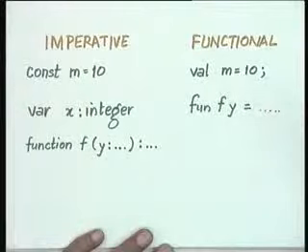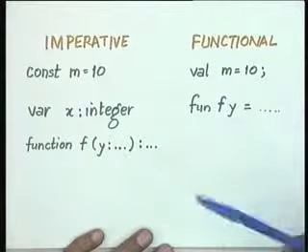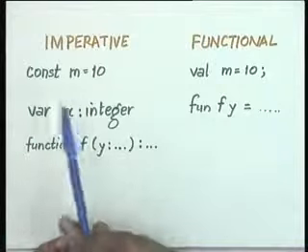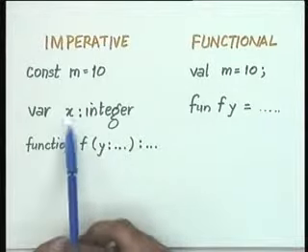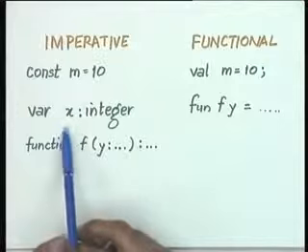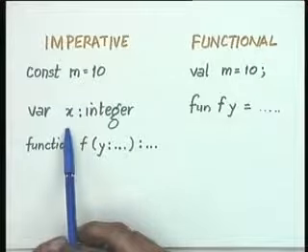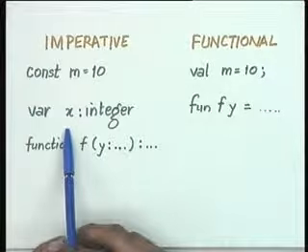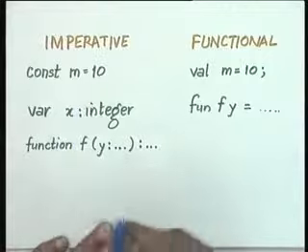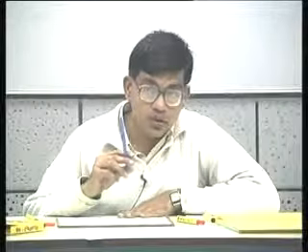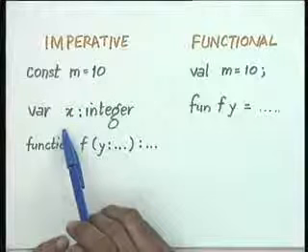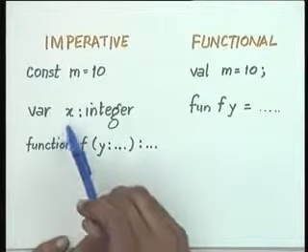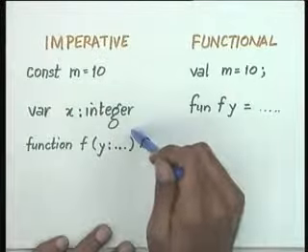So the meaning of M is just the value 10 within the scope in which it is declared. In imperative languages, further, there are these variable declarations which actually denote locations. So the variables in an imperative language have name location bindings.